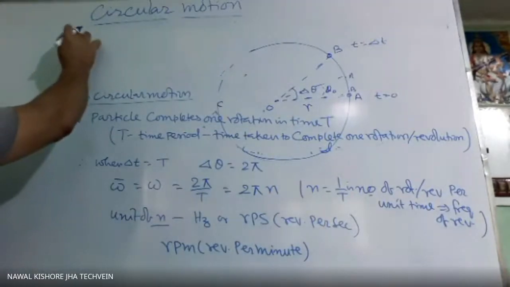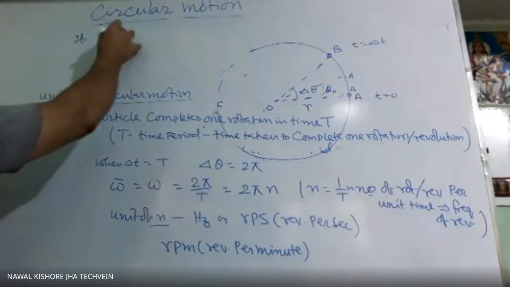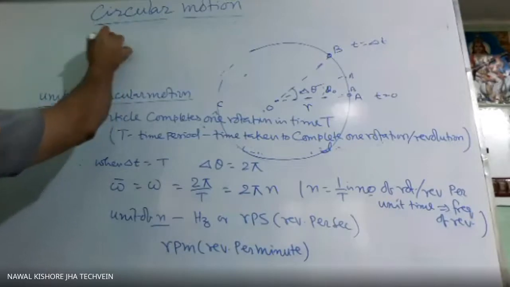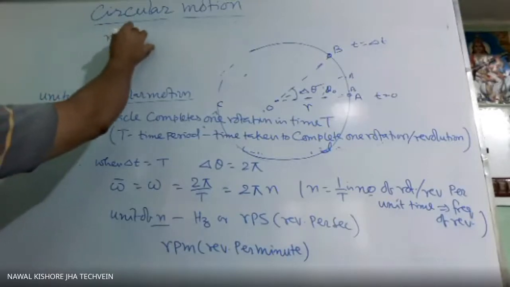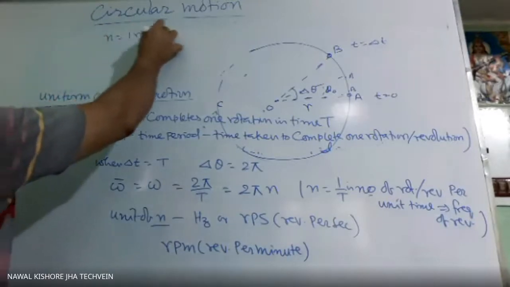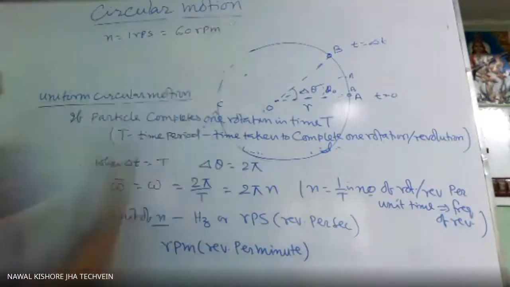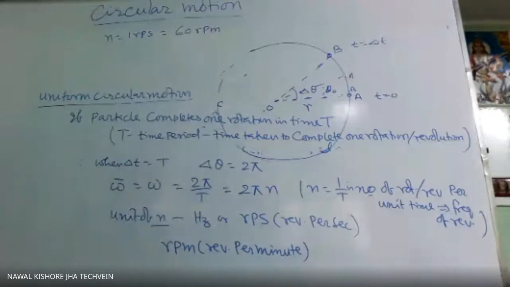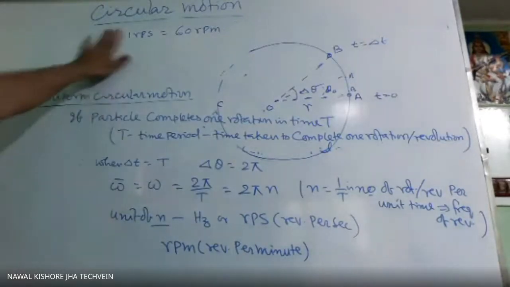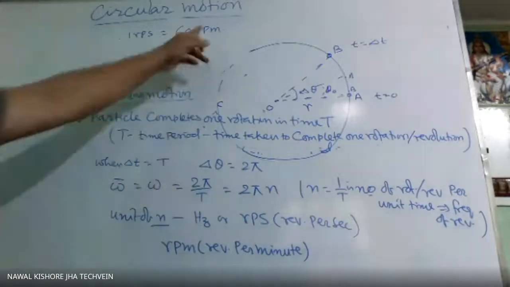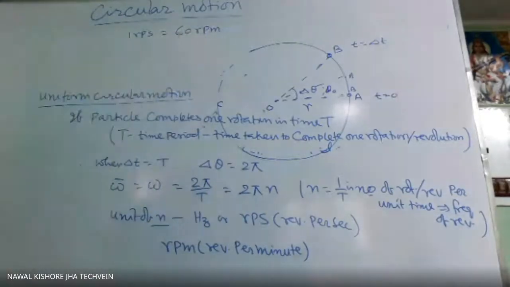If n equal to 1 RPS, it is equal to 60 RPM. Or simply like this: 1 RPS means 60 RPM. It completes one revolution in 1 second. That means in 1 minute, 60 revolutions will complete.